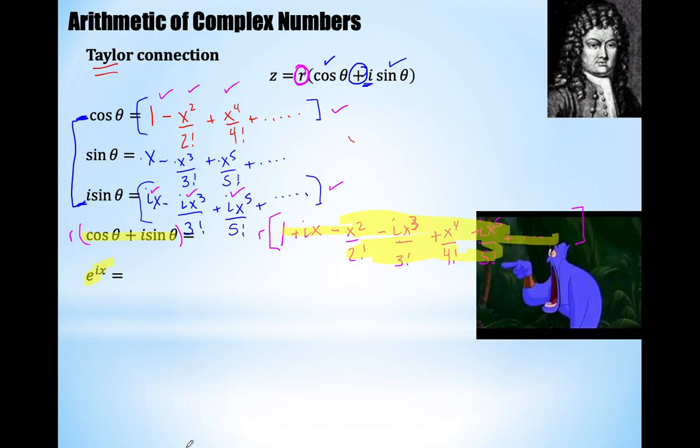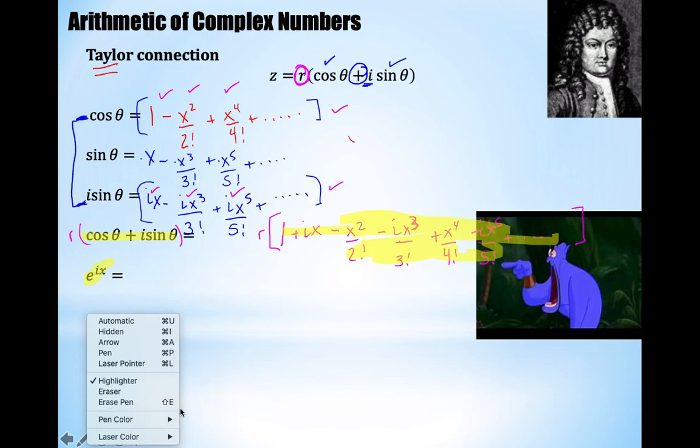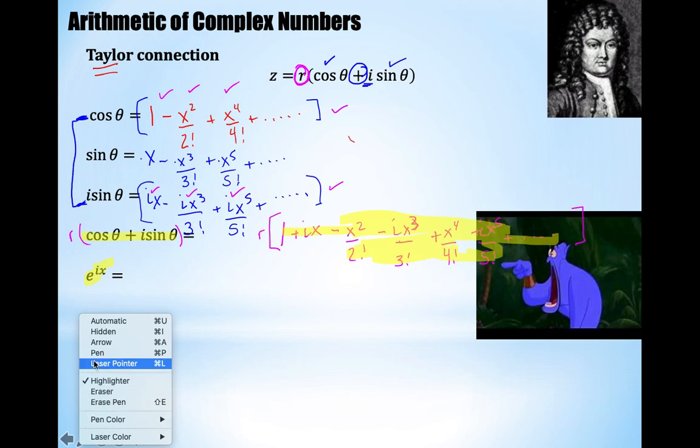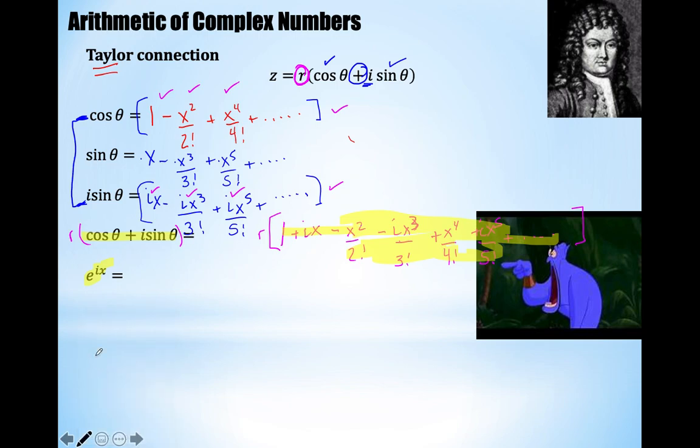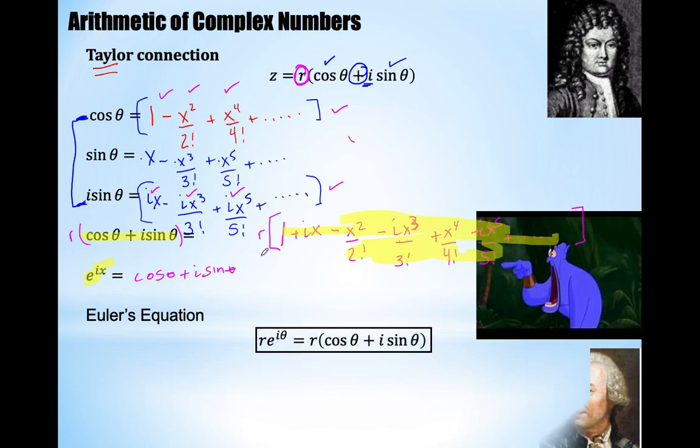So e to the ix is the same thing as what? That's called Euler's equation.